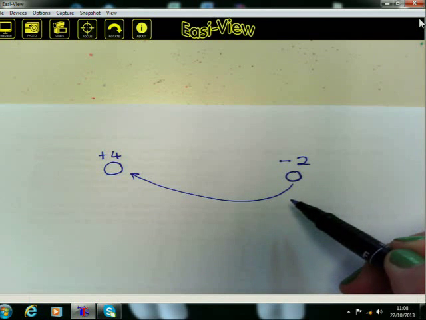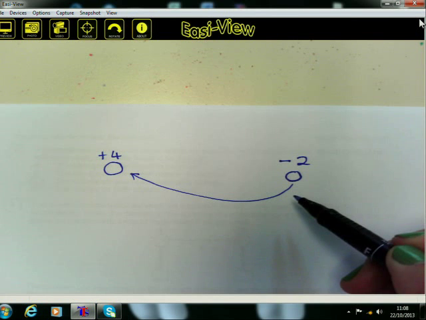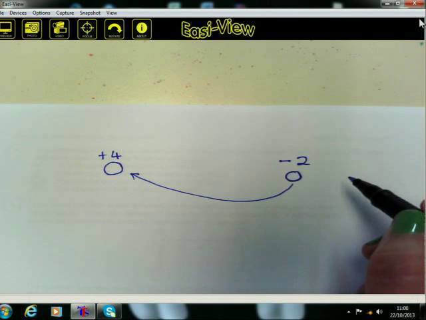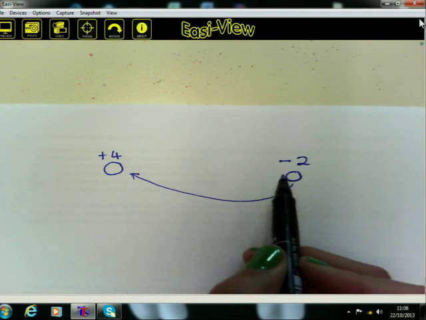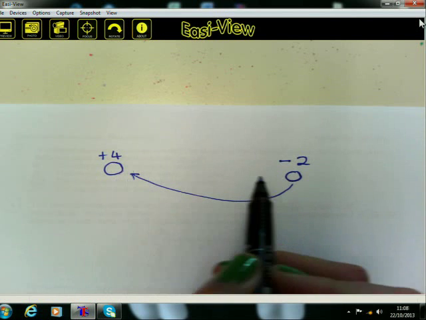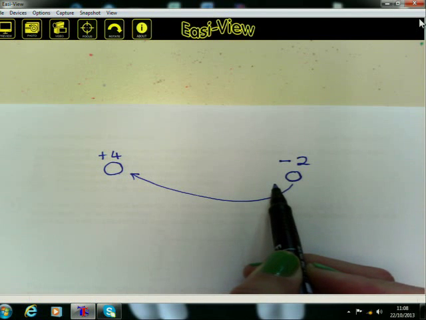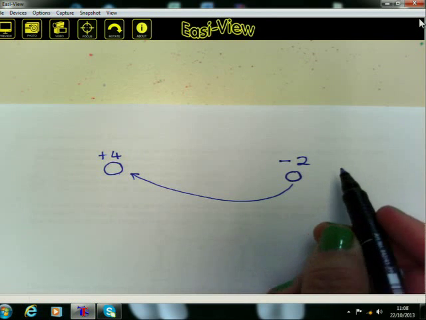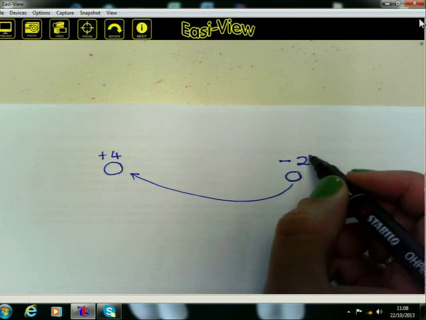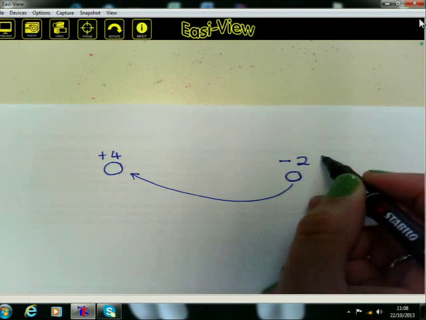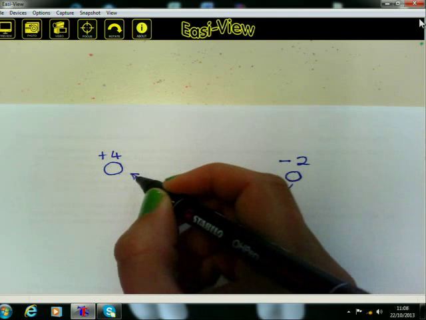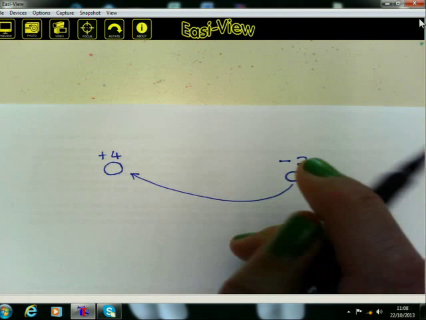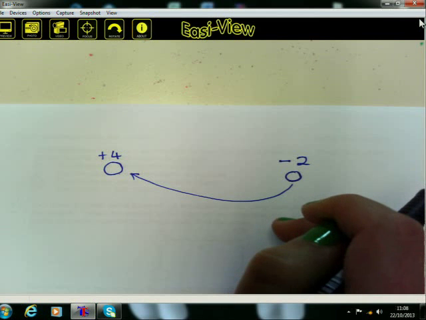It's very, very important that you know this. I'm going to say it again. When we have two charged objects and we touch them, charge is going to move from the more negative one to the positive one, and it's going to stop when they both have the same charge.